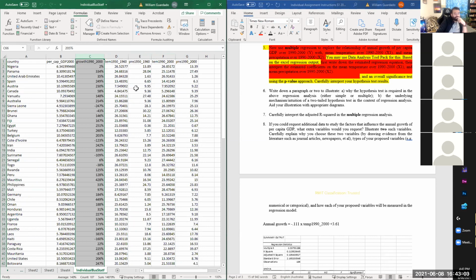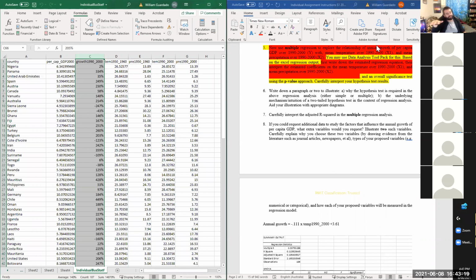So I've got a question. How do you interpret the slope? What you're testing is whether the slope is flat or not.